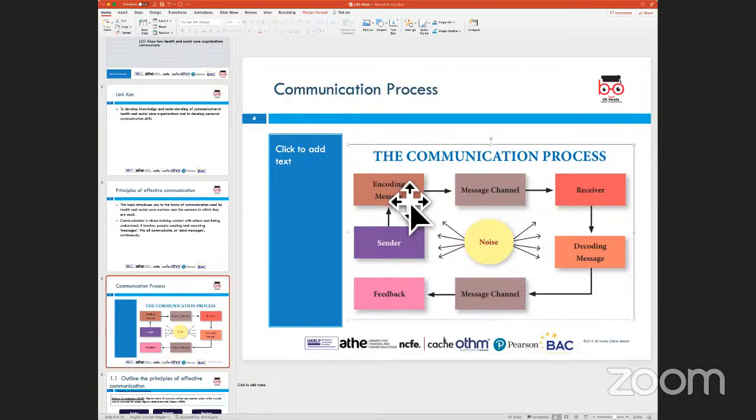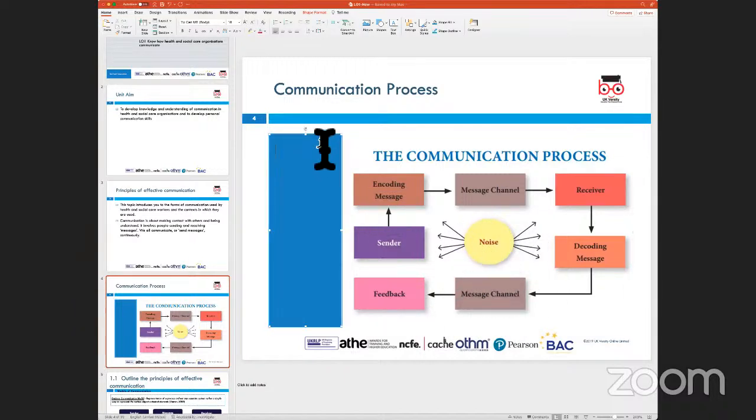I have to use an email editor or some software which will encode the message, and then over the internet it will be transmitted, and you will receive it at your end using software like Outlook, Gmail or Hotmail, and that editor will open the message and decode it, so you're able to see what has been written in that email. Now, when you reply to it, you're essentially giving feedback. For example, you say, I've received your email, or I acknowledge your email, and that is a bit of feedback. Now, what is noise in the middle?